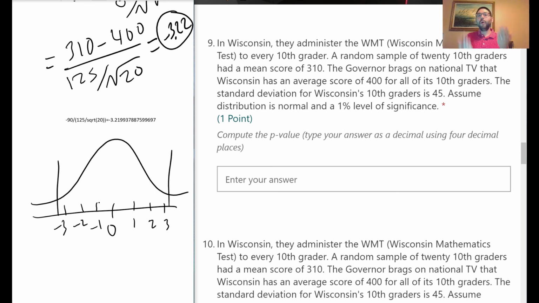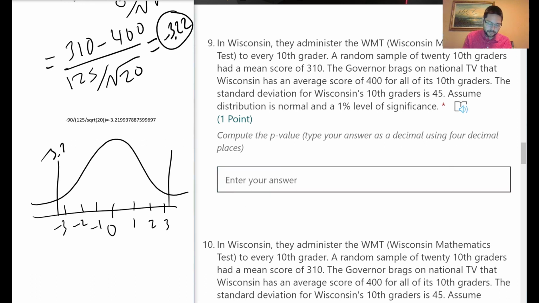You've got to put both of them in there when you show your work. So when you show your work, I need you to draw that curve and then label your z-test. My z-test here is negative 3.22. This is my test statistic here. This is a little bit sloppy here.